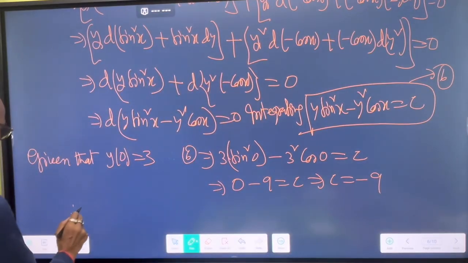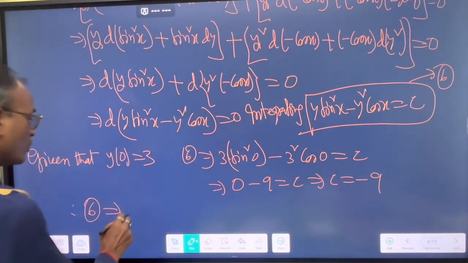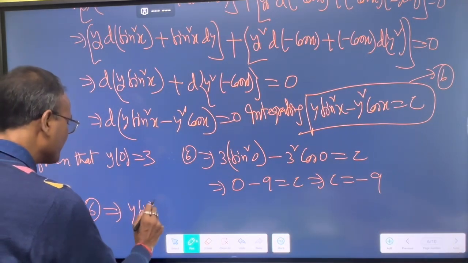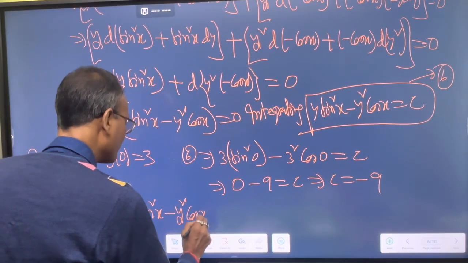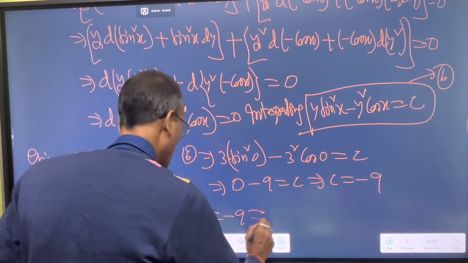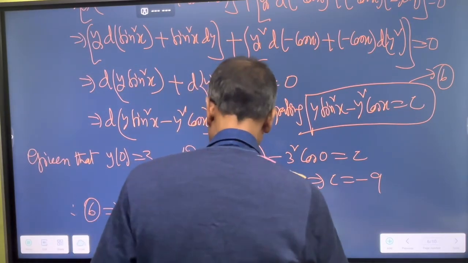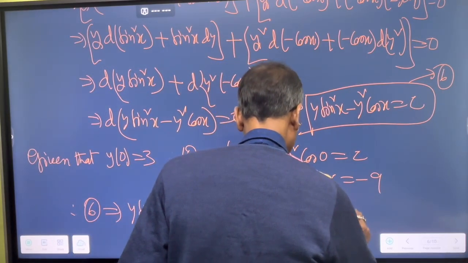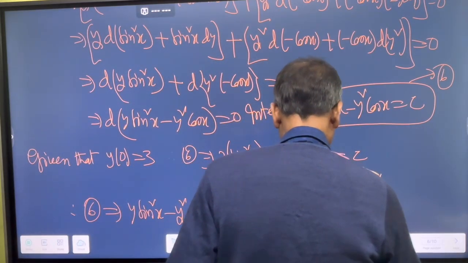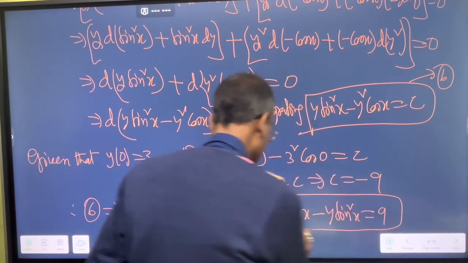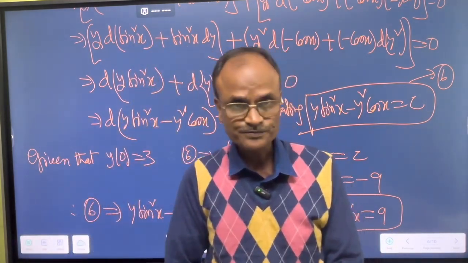Therefore, put in 6: y sin square x minus y square cos x equal to minus 9, or you may write y square cos x minus y sin square x equal to 9.